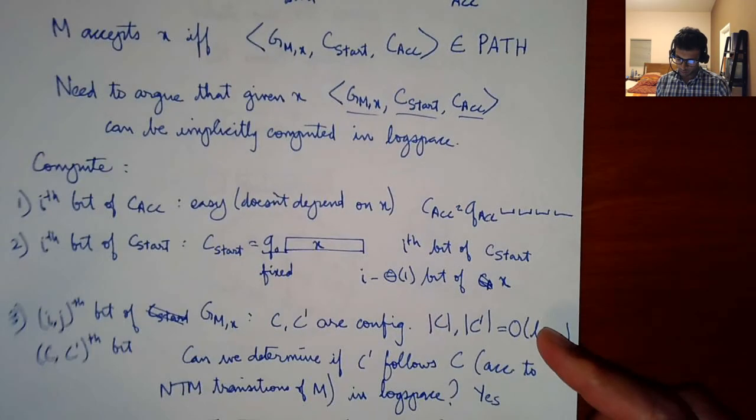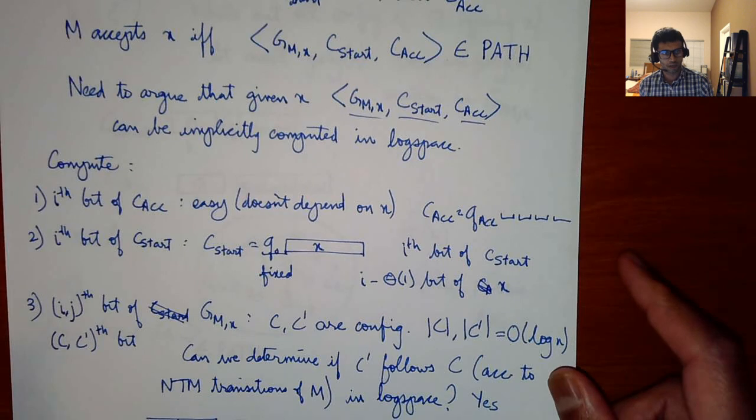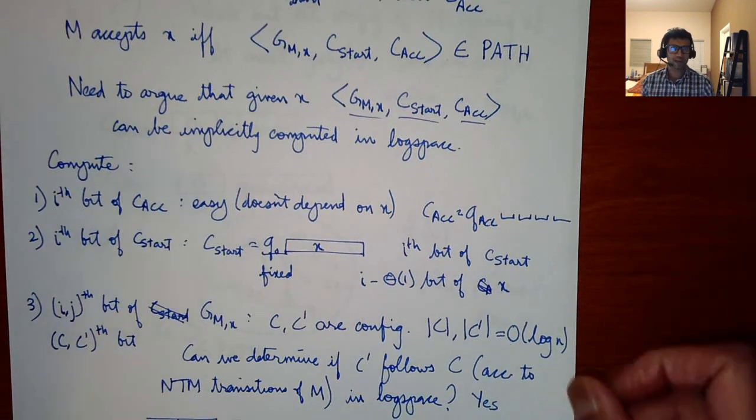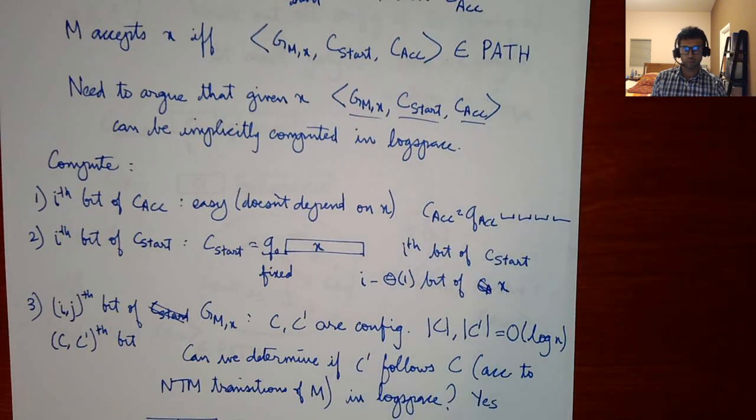And that's basically what I argued here, is that every bit can be computed in log space. And if you go back and stare at it, you'll see that yes, you can compute every bit in log space because configurations are easy to manipulate or understand in log space. All you need to do is to say, if the head was in the ith position, then check the head was either in the (i-1)th or the (i+1)st position.